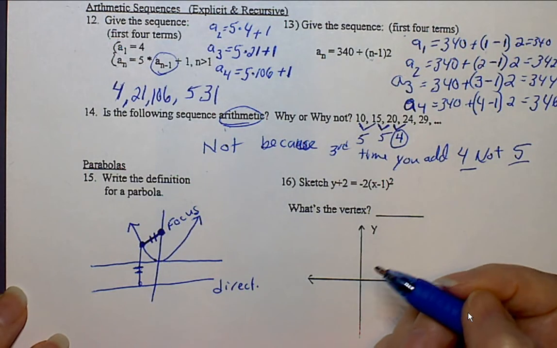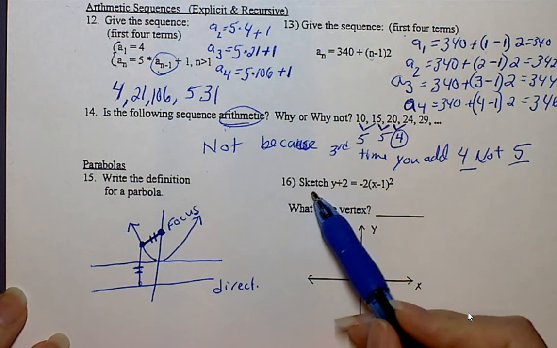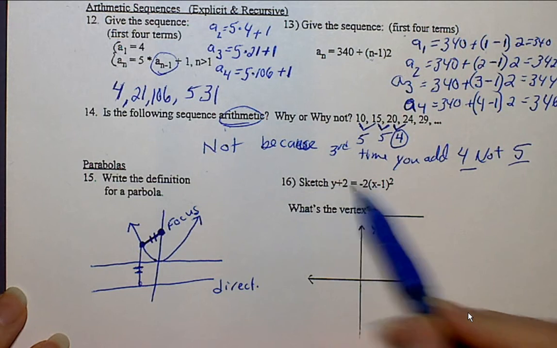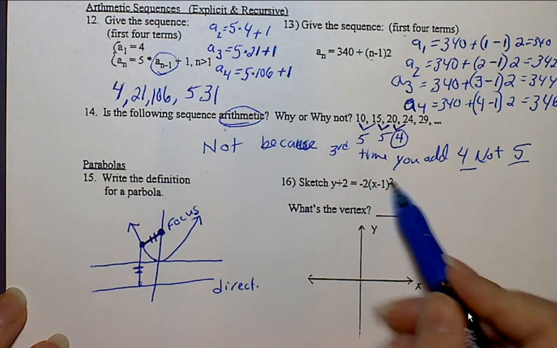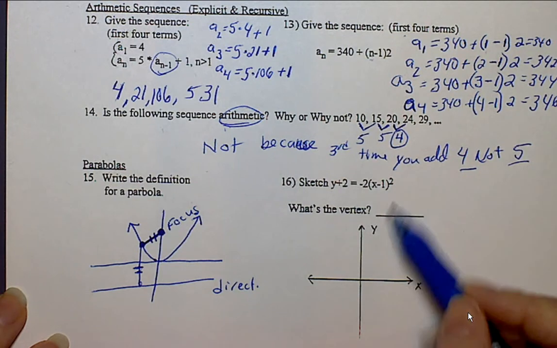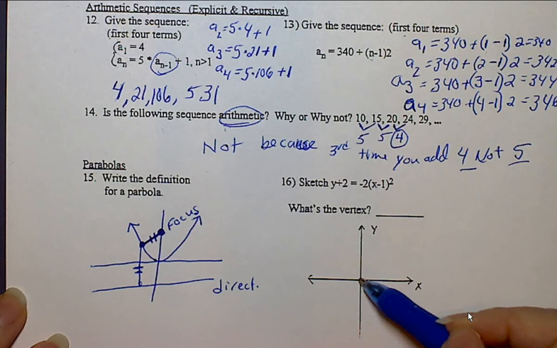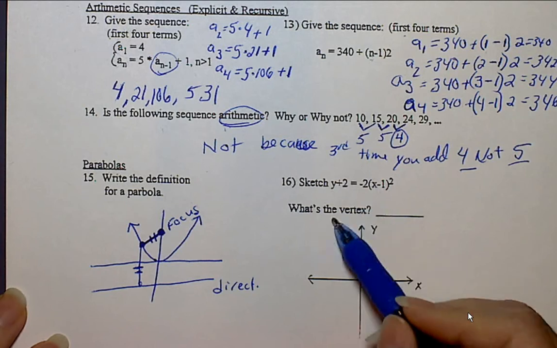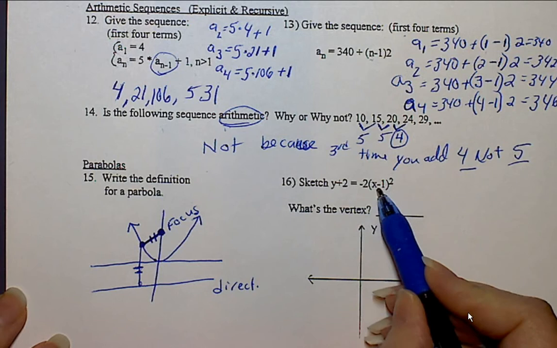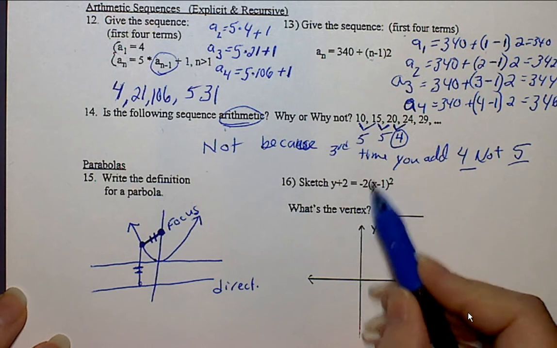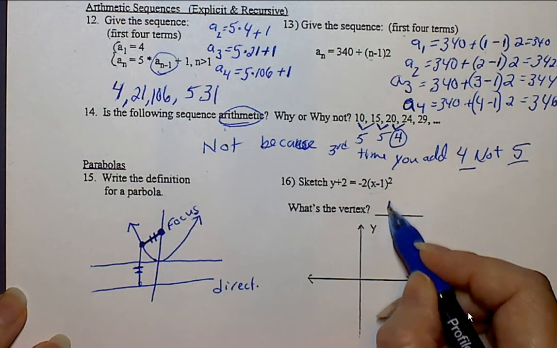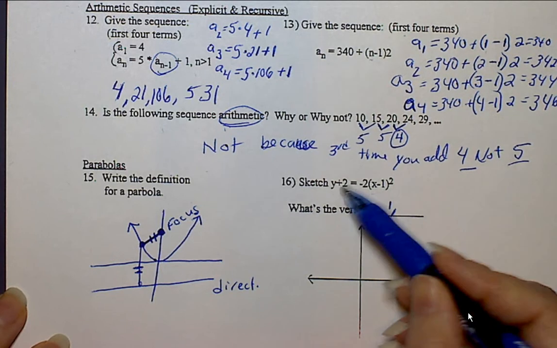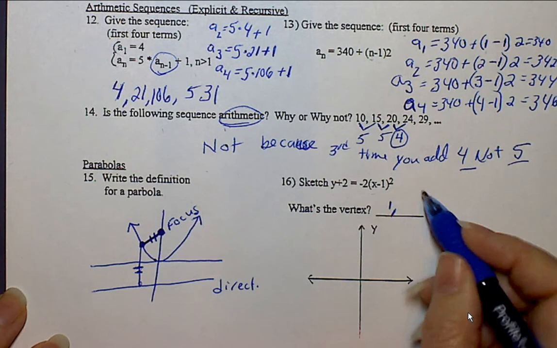Now number 16 says sketch y plus 2 is equal to negative 2 times x minus 1 squared. Hopefully you can tell, because of the square, it's going to be a parabola. It's going to open up or down, and it could be somewhere. So now we have to look to see what the vertex is. The vertex is the opposite: here the x is 1, and the y is 2, but it's opposite, so it's negative 2.